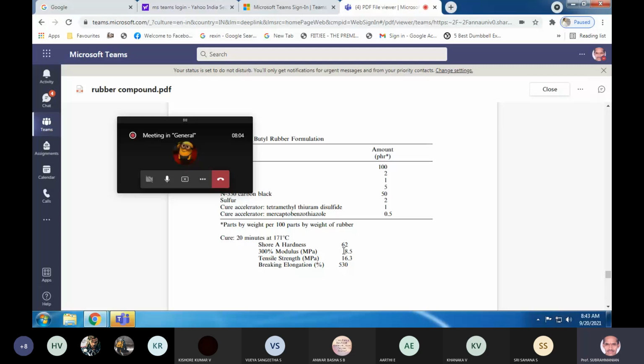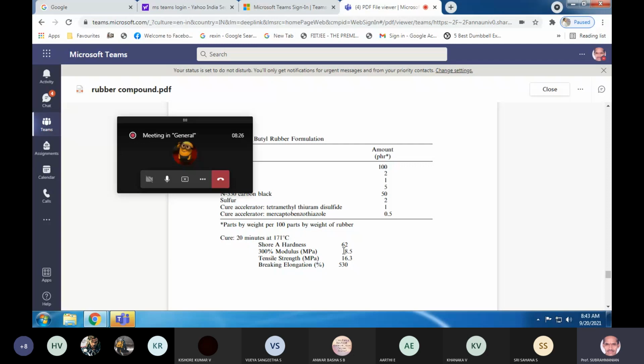You must have studied the reclaimed rubber in the rubber chemistry. So butyl reclaim also forms a part of an inner tube formulation. So these are the additional features we'll have to consider in butyl rubber formulation.